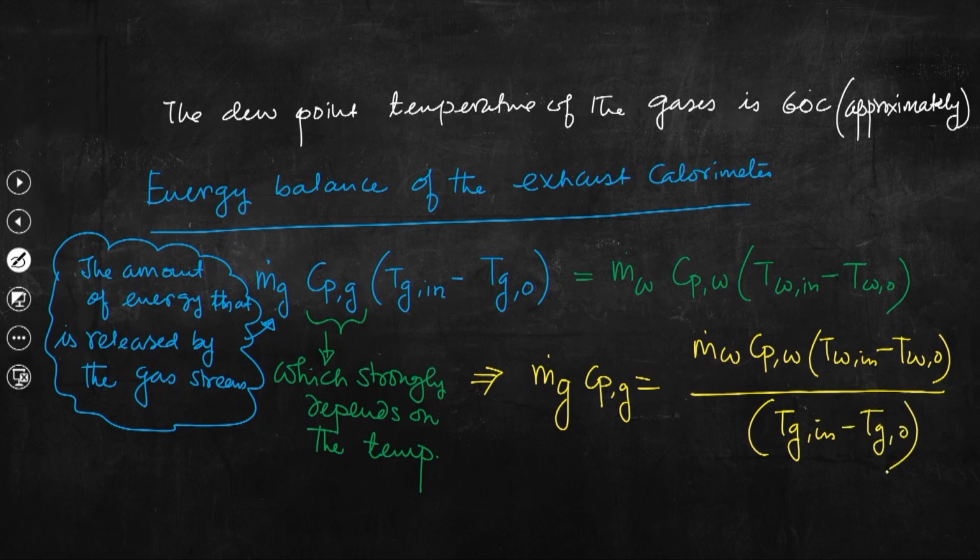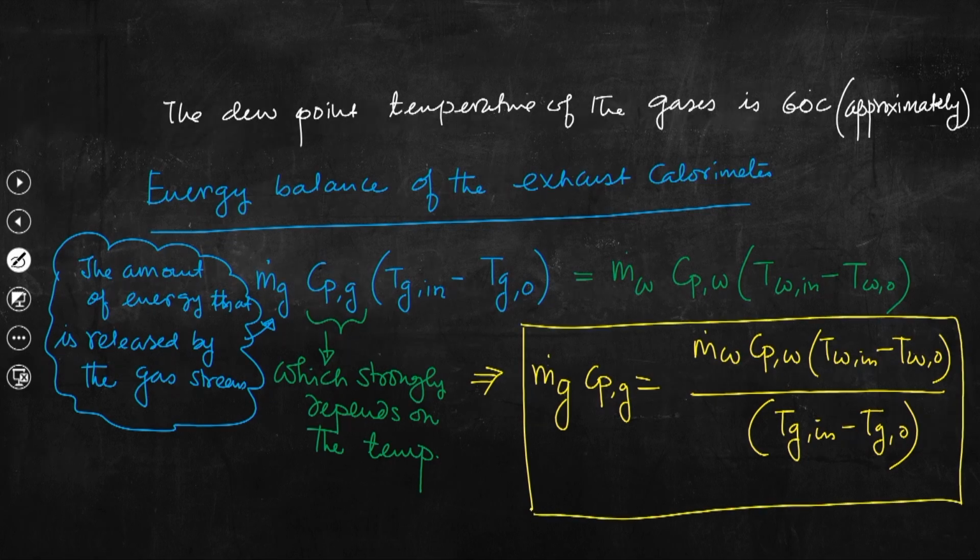Okay. So, this is the expression. Now, this quantity, which is the product of the mass flow rate of gas and the specific heat of the gas stream, can be expressed by this quantity.